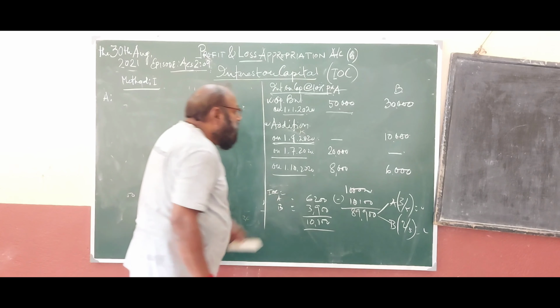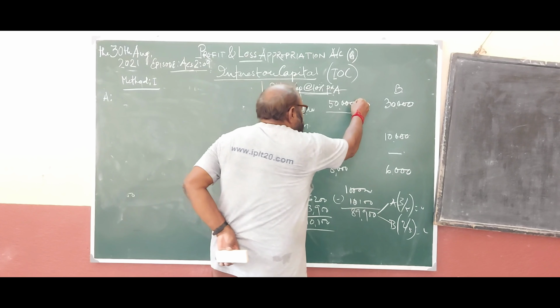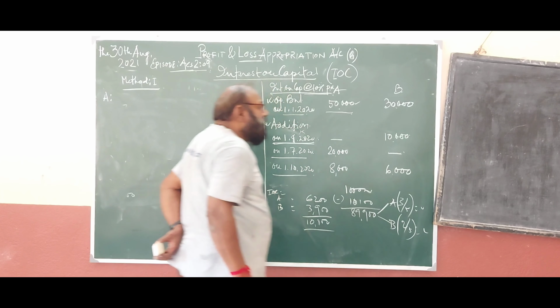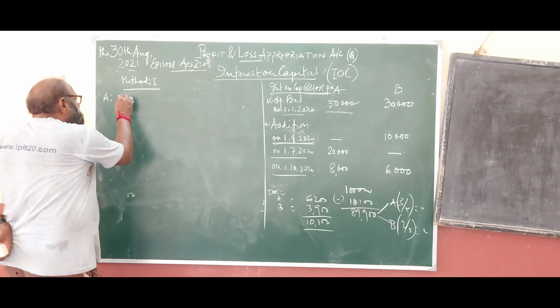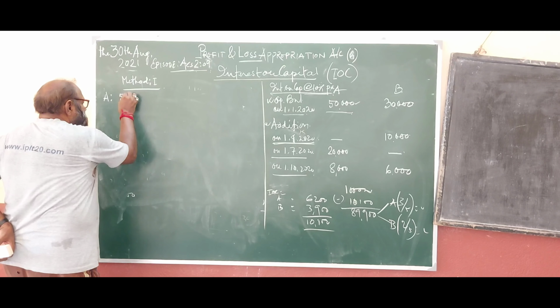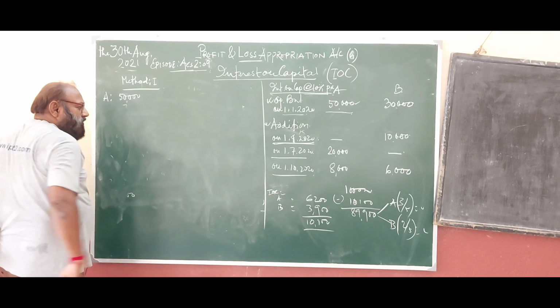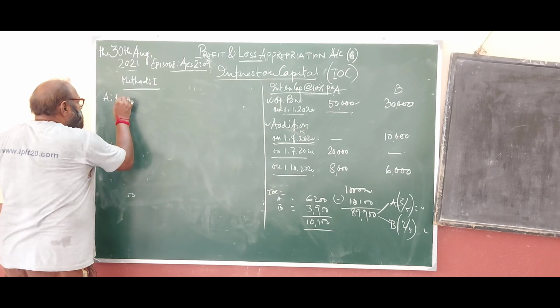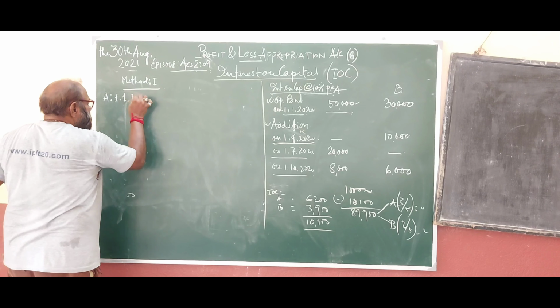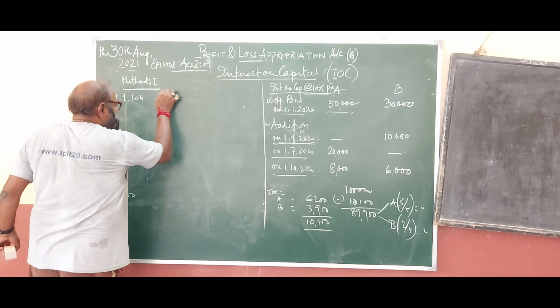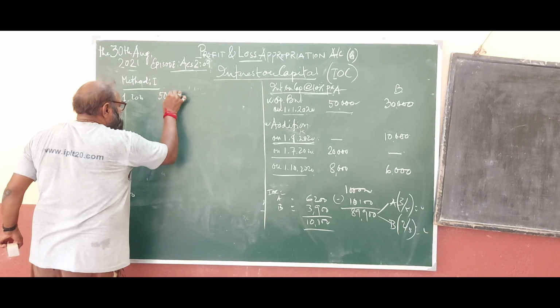Look, the initial capital of A was how much? It is 50,000. Okay? It is 50,000 on 1/1/20. Clear?